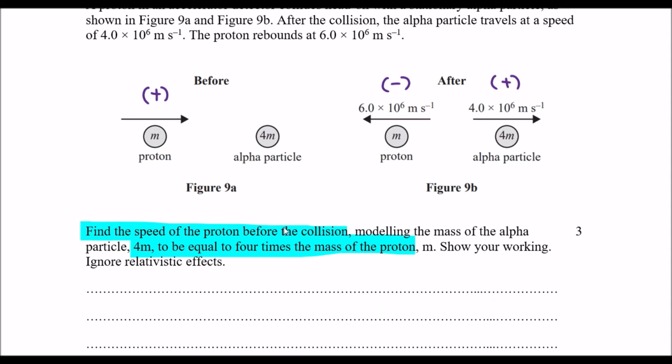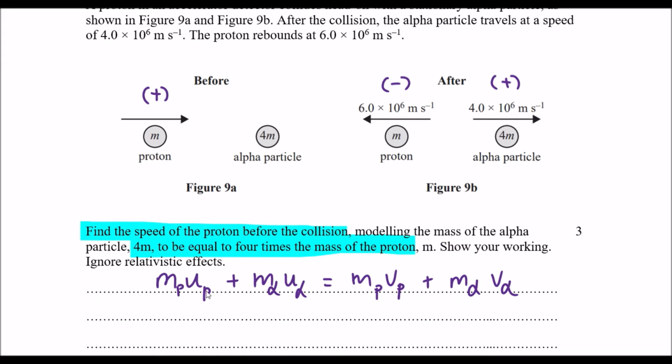If I was to write out the formula, it would be M, we'll call it the proton, MP, UP for the proton, plus M alpha, U alpha equals MP VP plus M alpha V alpha.